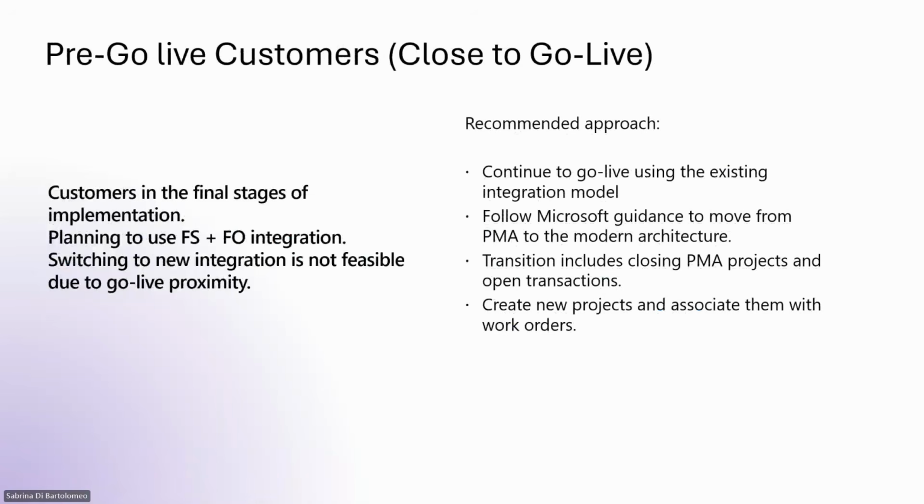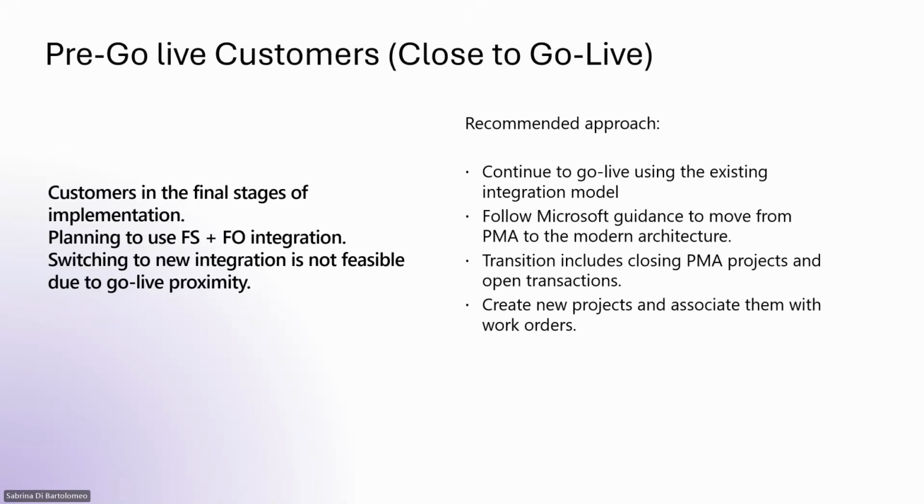The second set is customers who are very close to go-live and already deep in their implementation using the existing field service and finance and operations integration. The recommended approach here is to continue with the existing model and complete the go-live as planned. The priority here is stability and a successful production launch. After go-live, Microsoft guidance is to plan a structured transition to the modern architecture.